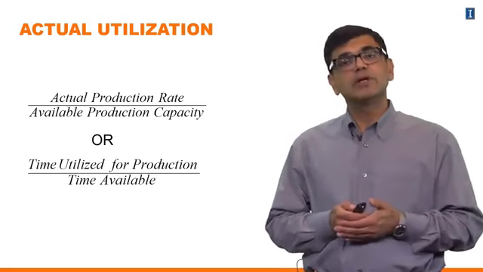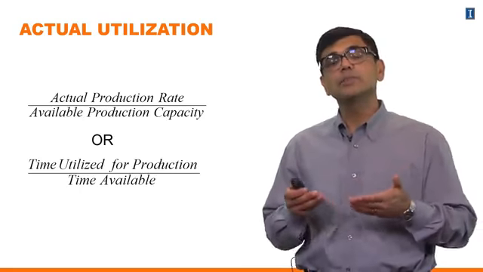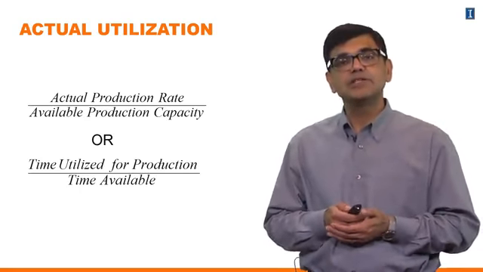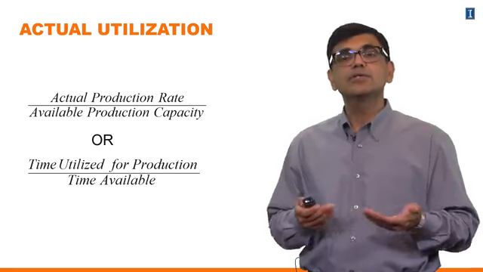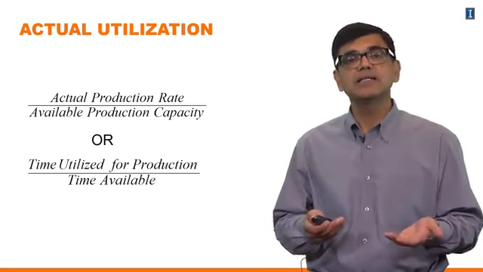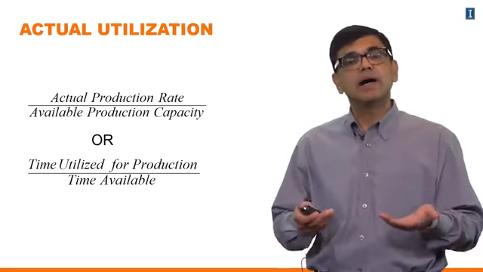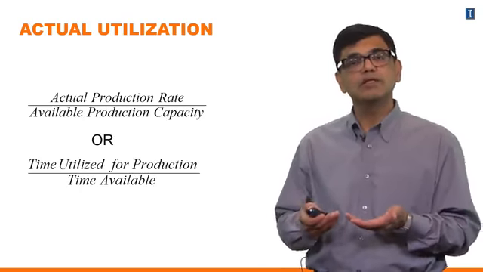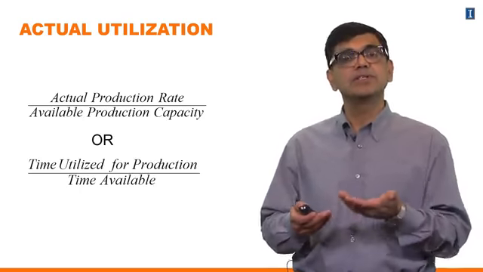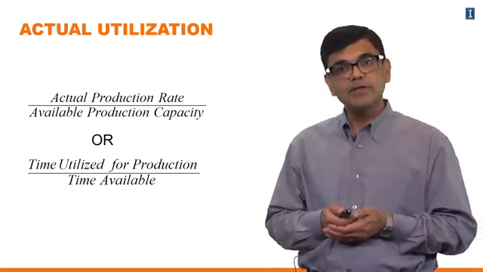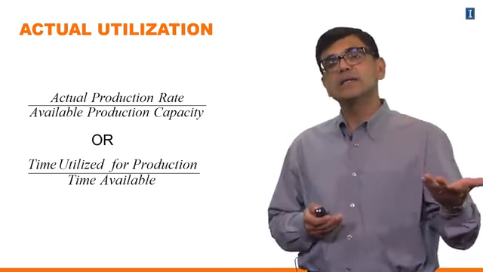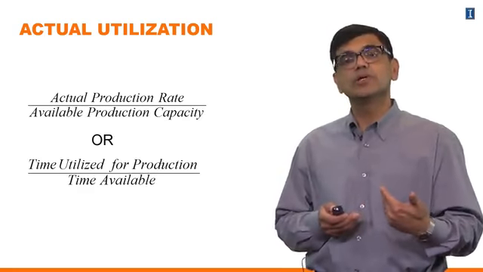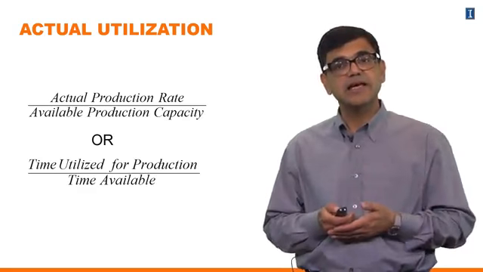From a different perspective, it's also how much time did I utilize doing something divided by how much time did I have available to do that thing. So if I have 8 hours in a day working in the office, and I utilized 4 hours doing a particular task, my utilization was 50% for that task.